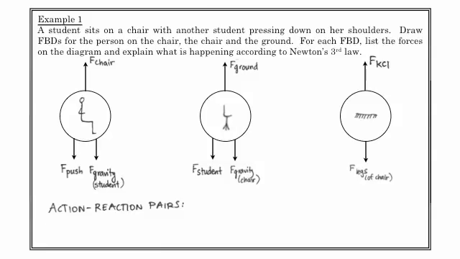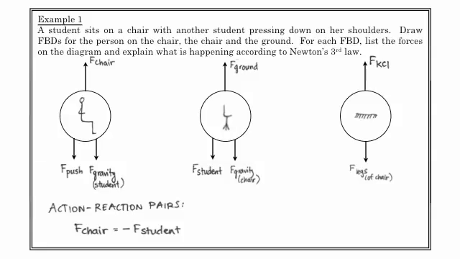So between the student and the chair, basically what happens is that the student presses down on the chair, and the chair presses up on the student. So this F chair that's acting on the student is going to be one half of it. And of course, what's pushing down on the chair? Well, F student. And so there's an action-reaction pair. They have the same magnitude, but they're in opposite directions.